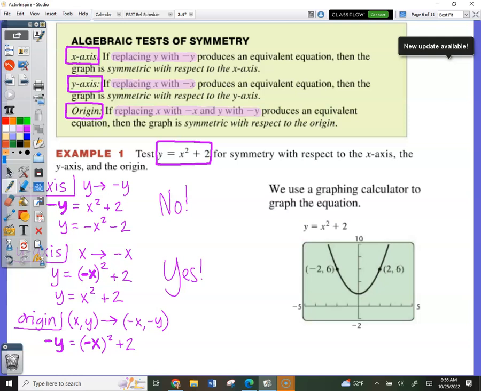So this negative y comes down, this becomes x squared plus 2. It's going to be the same as when we were checking the x-axis. Divide by negative, and we do not have the same equation.